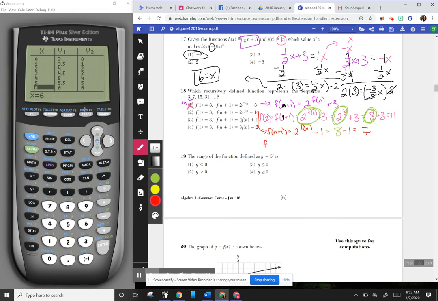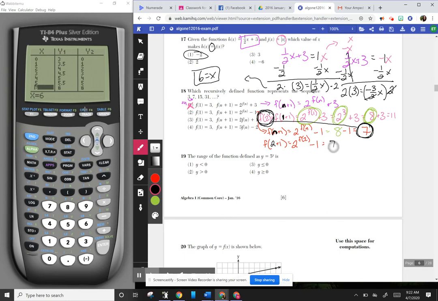And f of 3 is going to be f of 2 plus 1, making this time n is 2. And that equals 2 to the f of 2 minus 1. And in the last problem, we found out f of 2 is 7.